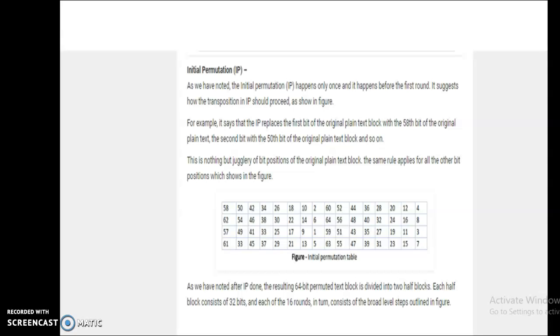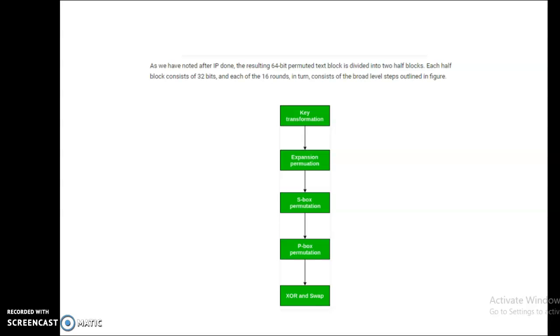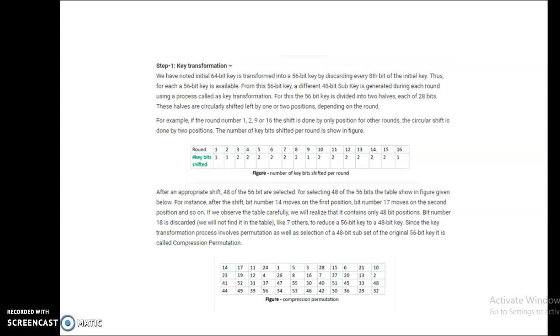As we have noted, after IP is done, the resulting 64-bit permuted text block is again divided into two half blocks, each of 32 bits, and each of the 16 rounds in turn consists of the broad steps outlined in the figure. We have key transformation, expansion permutation, S-box permutation, P-box permutation, XOR and swap.